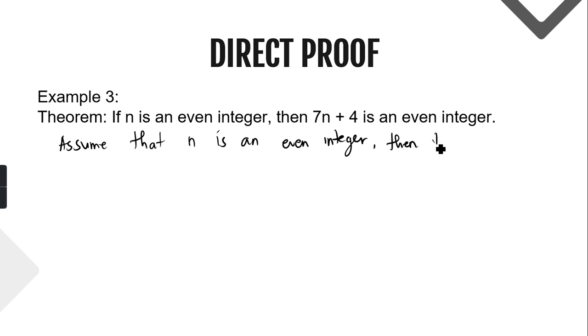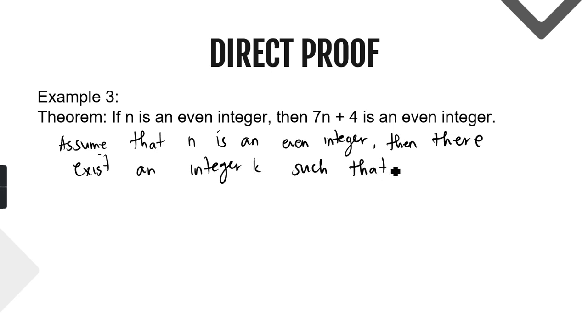Then there exists an integer k such that n is equal to 2k. So, base iyan sa ating definition number 1.